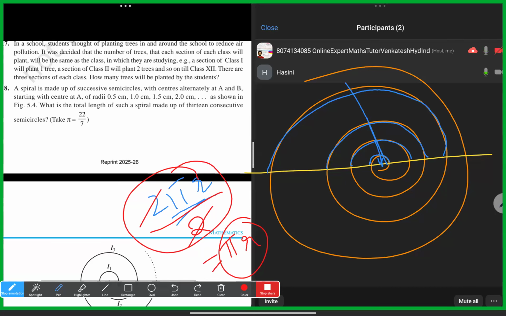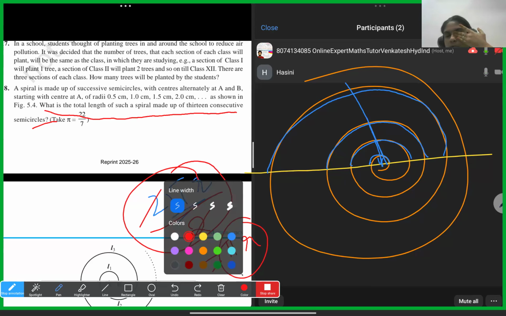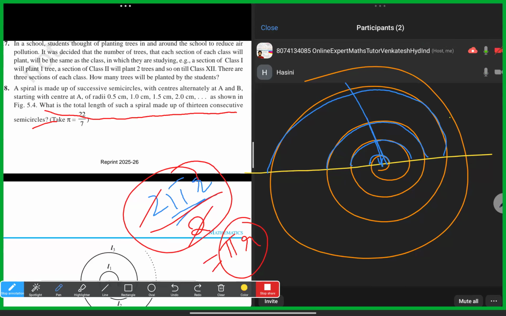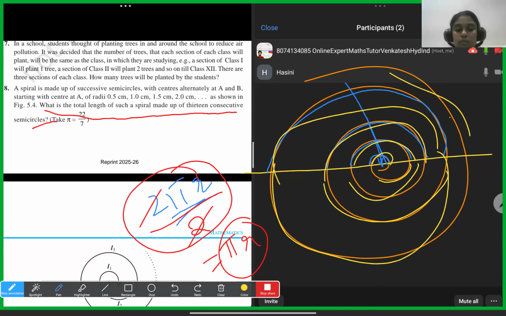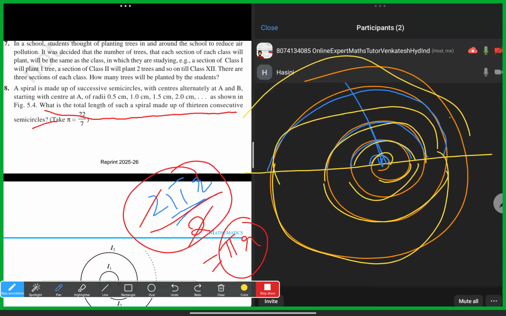Now in this question they are asking what is the total length of such a spiral made of 13 consecutive semicircles. Means in this spiral, 13 semicircles are there in total. Different radii, but those radii clearly follow an arithmetic progression, Hasni.